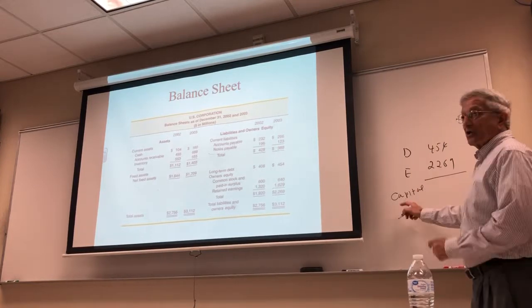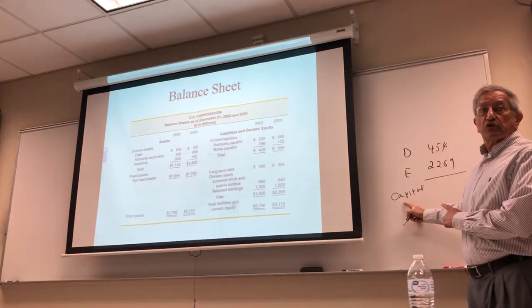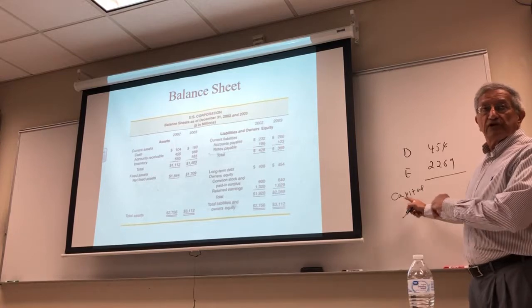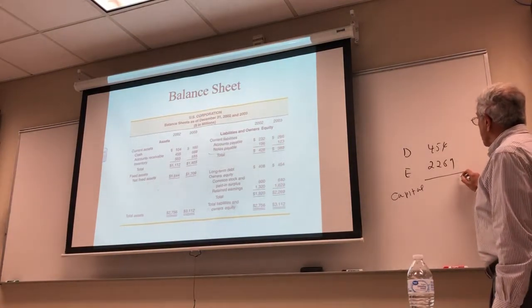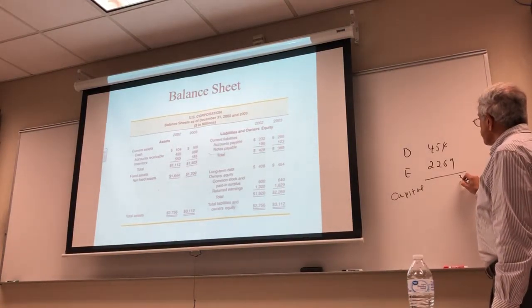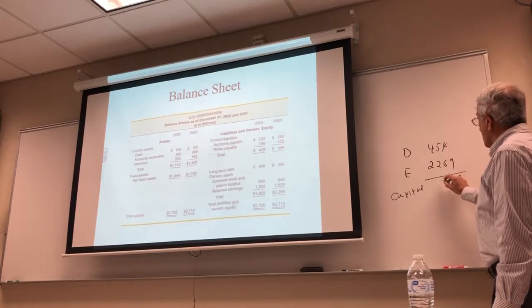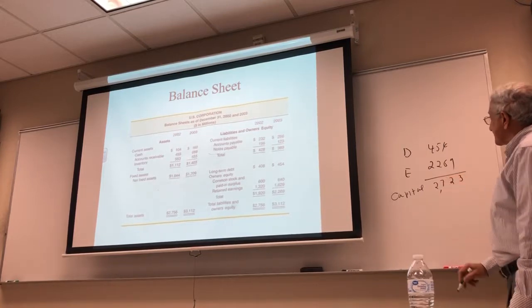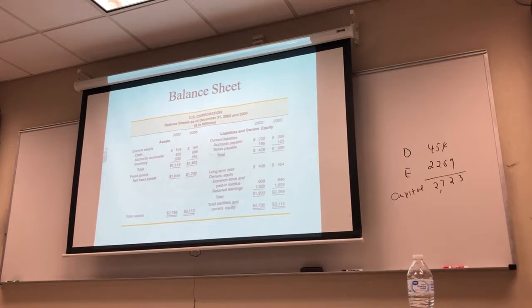This is also called the book value of the firm. Book value of the firm. So which will be 2723. Am I right? Yes, sir. Check my math. 2723. Okay, now convert D and E into percentages.